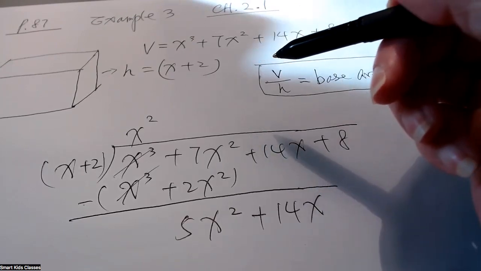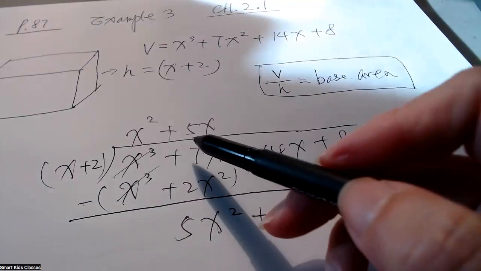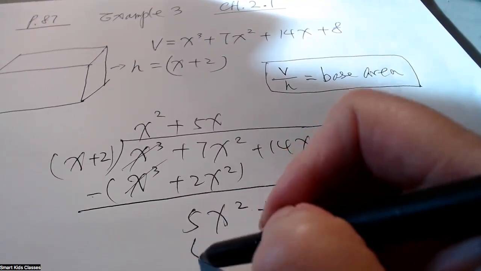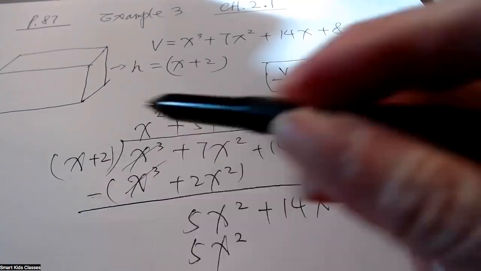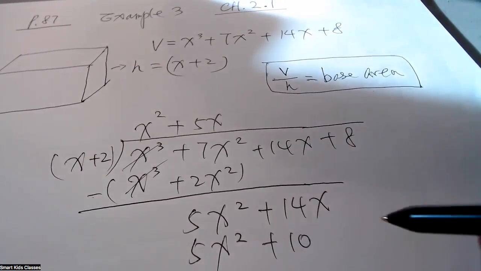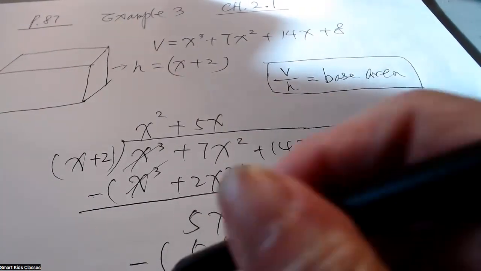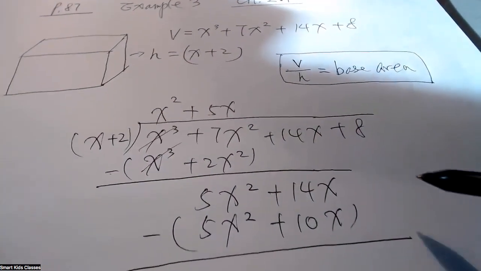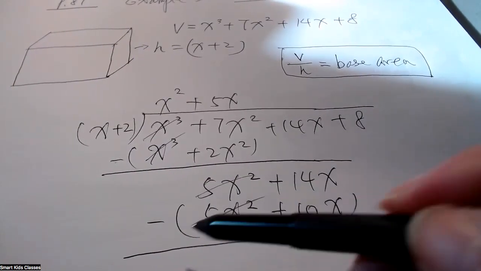We're going to try 5x. So 5x times x, we get 5x squared, and 5x times 2, we get 10x. From here, we subtract it, so we change the sign. Positive, negative cancel.